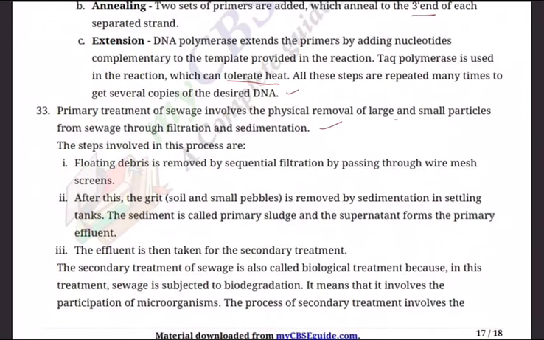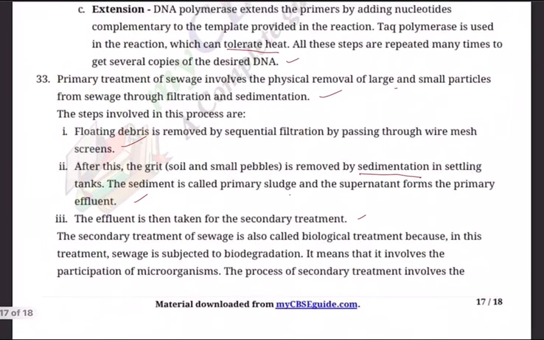The steps involved: floating debris is removed by sequential filtration by passing through wire mesh screen. This is physical. Second, after this, the grit, soil and small pebbles are removed by sedimentation in settling tanks. The sediment is called primary sludge and the supernatant forms the primary effluent. Third, the effluent is then taken for the secondary treatment.